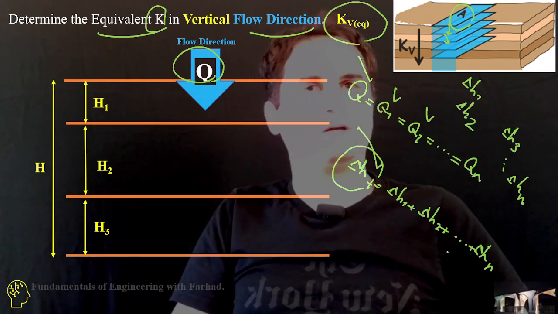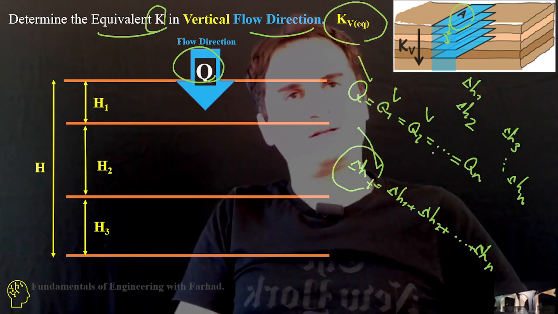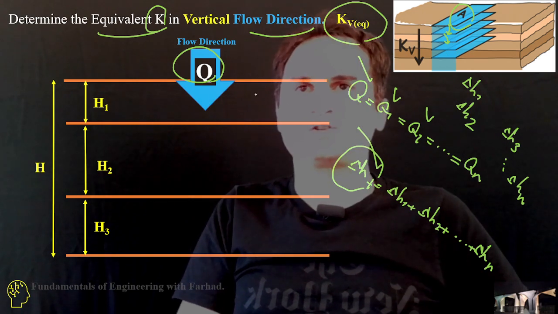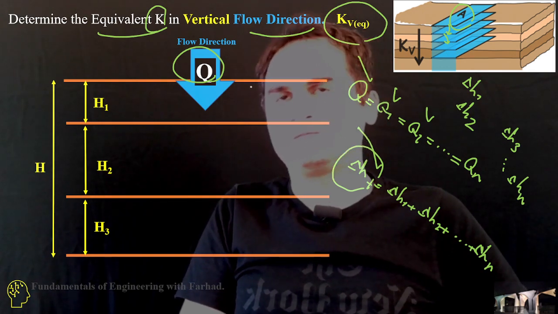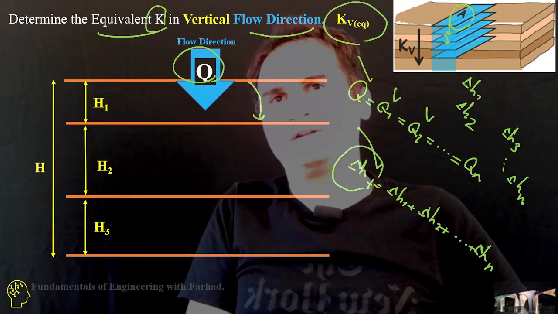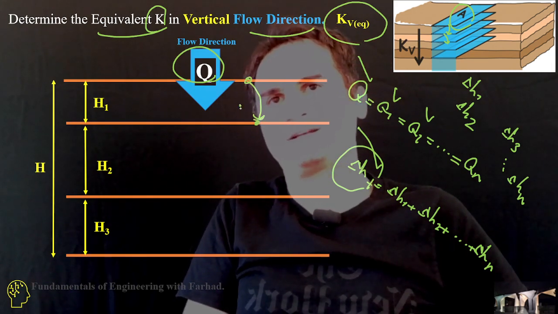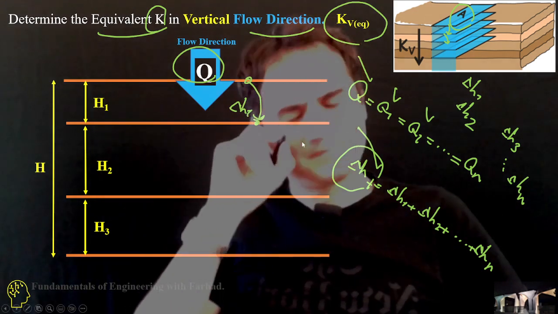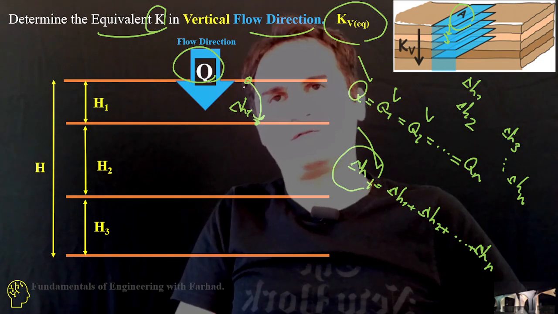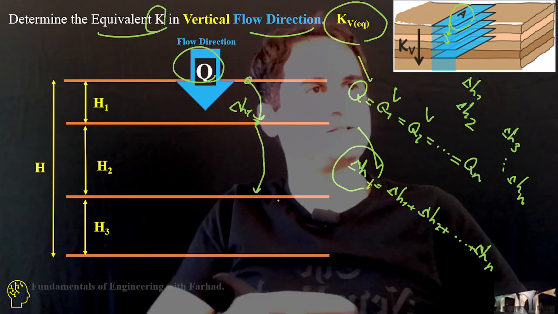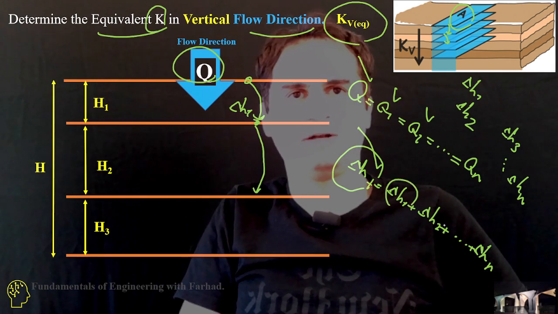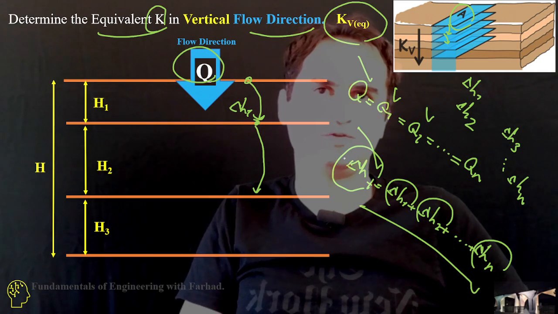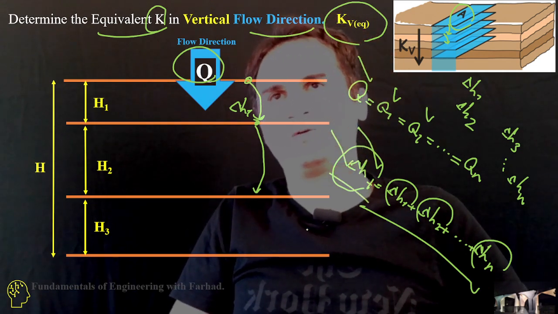The drop of head means how much the water gets tired as it travels from the first layer to the second layer. That's delta H1. The tiredness is a measure of the water's loss as it travels through different layers of soil. That's delta H1, H2, all of them together. If you add them up, it gives you the total head loss between all layers.